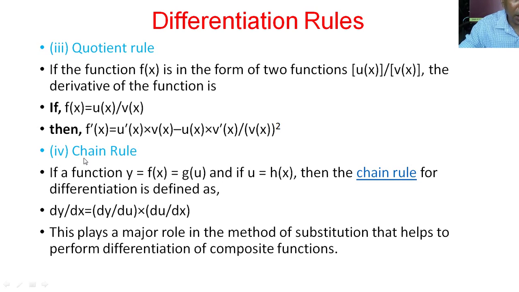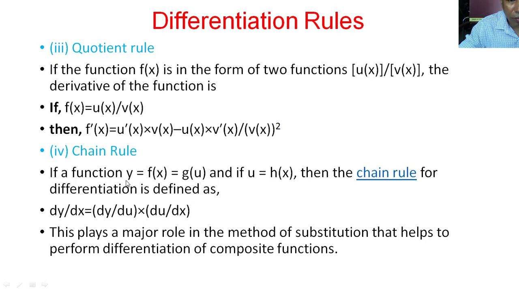Next comes the chain rule. Now the question comes, when do we apply chain rule? If a function y, which is equal to f x, is not a function of x but suppose a function of u, and u happens to be a function of x, that means it's a composite function, then the chain rule for differentiation is defined as dy by dx is equal to dy by du into du by dx.